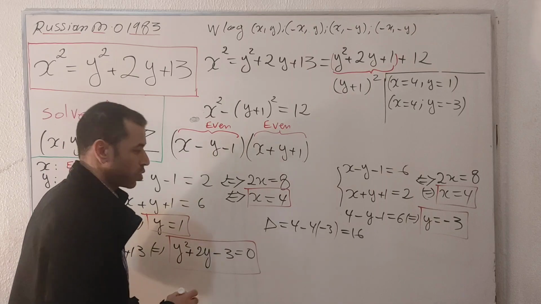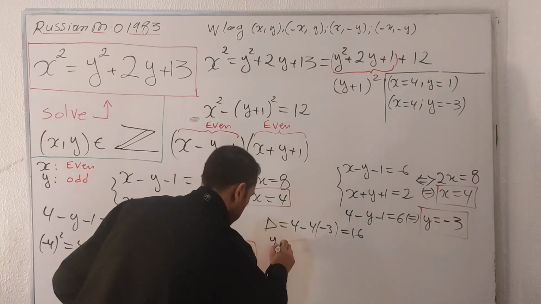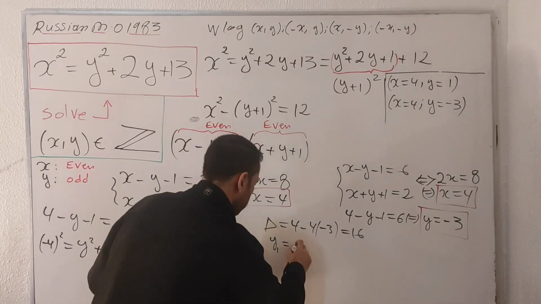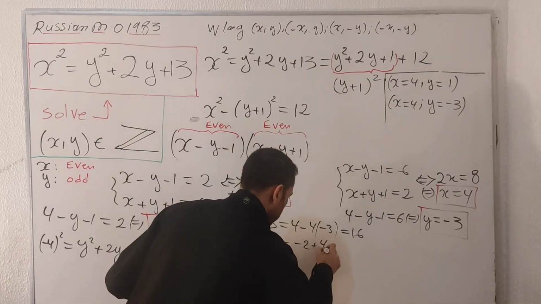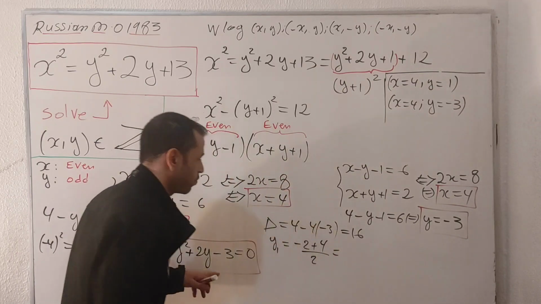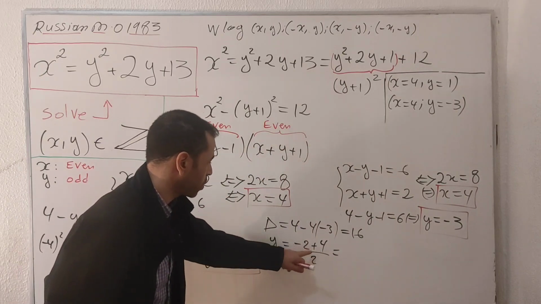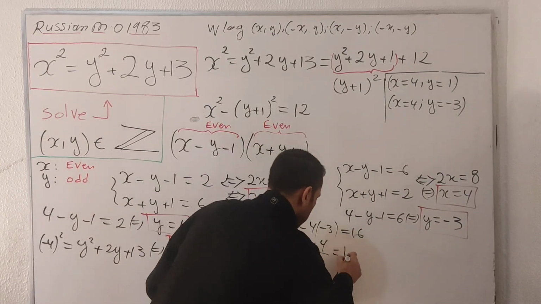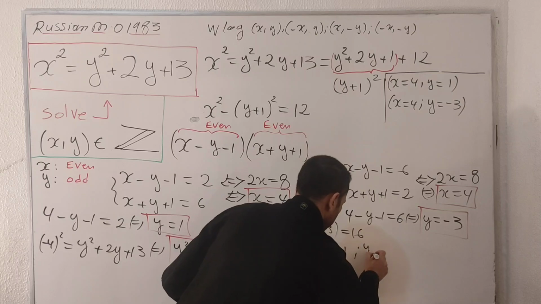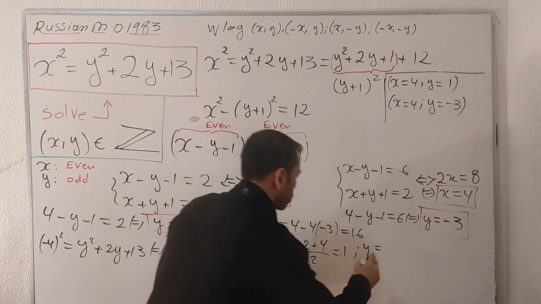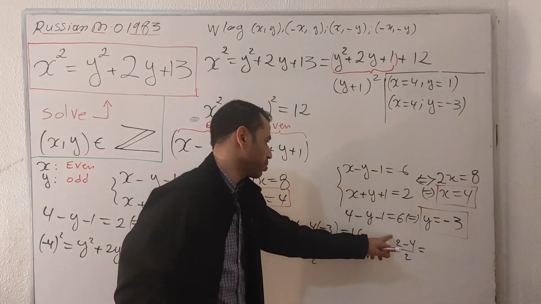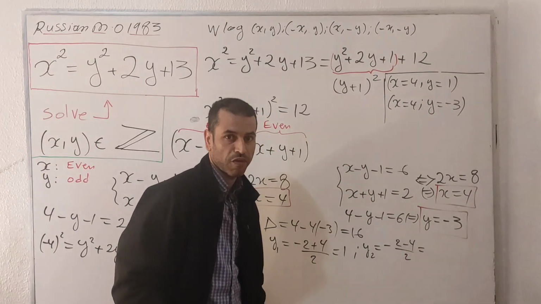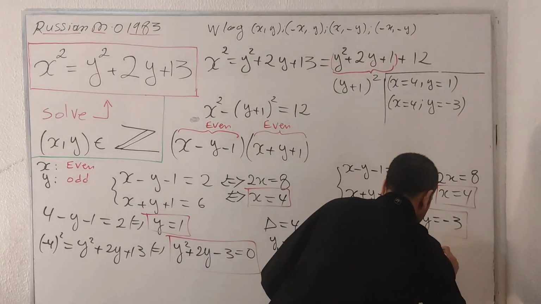So I will have two solutions. y1 is minus 2 plus the square root of delta, which is 4, divided by 2. If you calculate this, 4 minus 2 is 2, over 2, which is 1. For the second solution, I will have minus 2 minus 4 divided by 2, which is minus 6 divided by 2, which is minus 3.